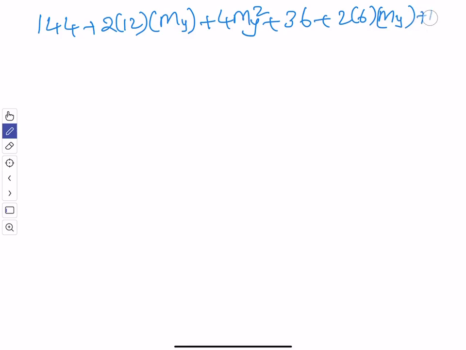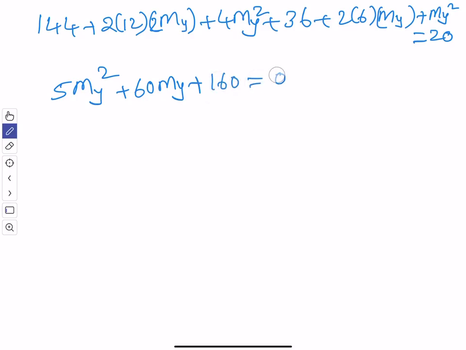Collecting like terms, 4My squared plus My squared gives 5My squared, plus 48My plus 12My becomes 60My, plus 144 plus 36 minus 20 gives 160, equal to 0.